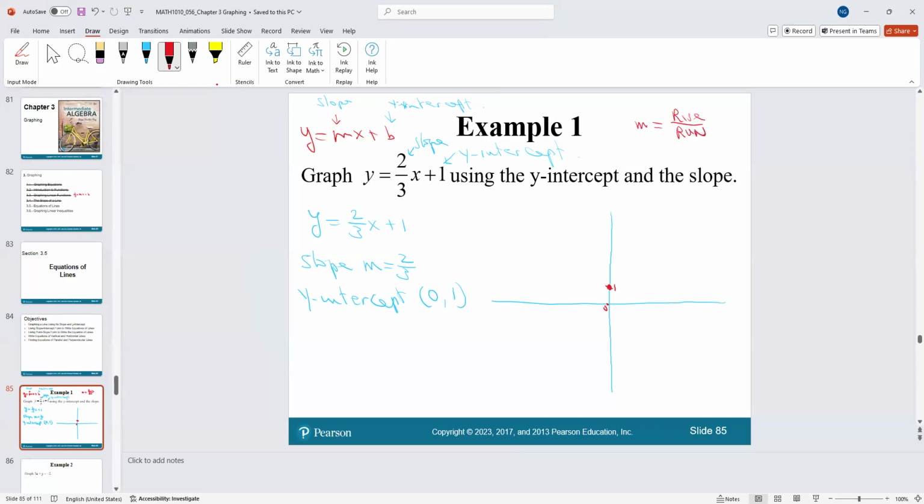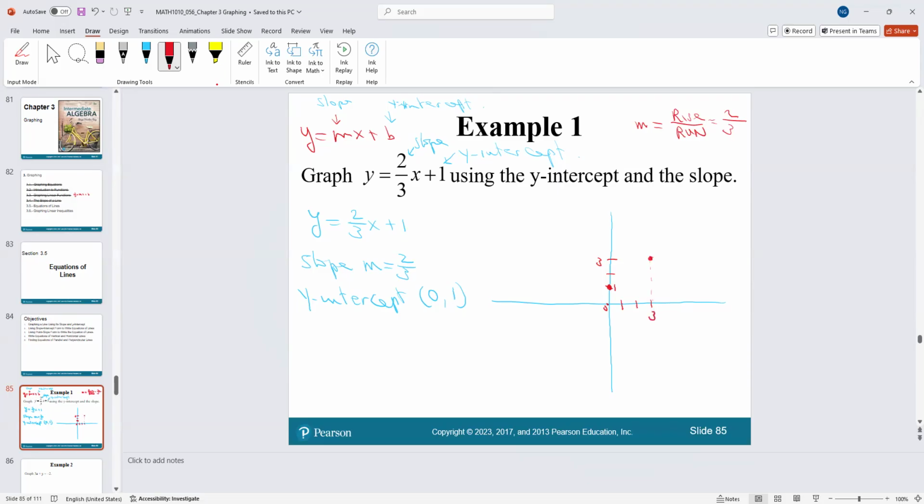Apologize for all the sirens outside. To find another point on the line, because slope is rise over run, that means you rise 2 units and run 3 units to the right.